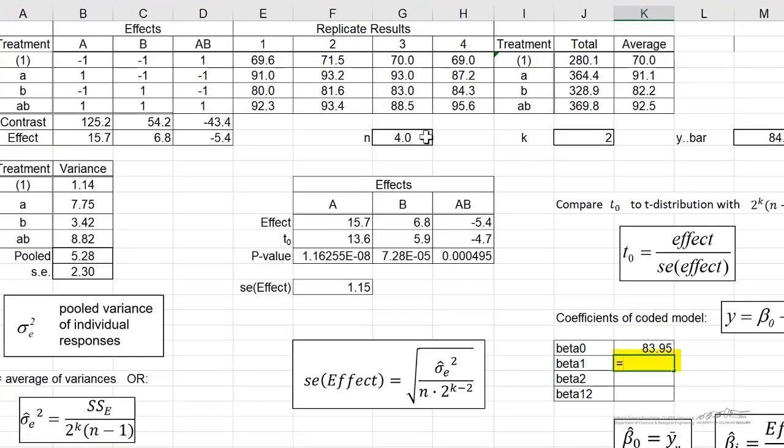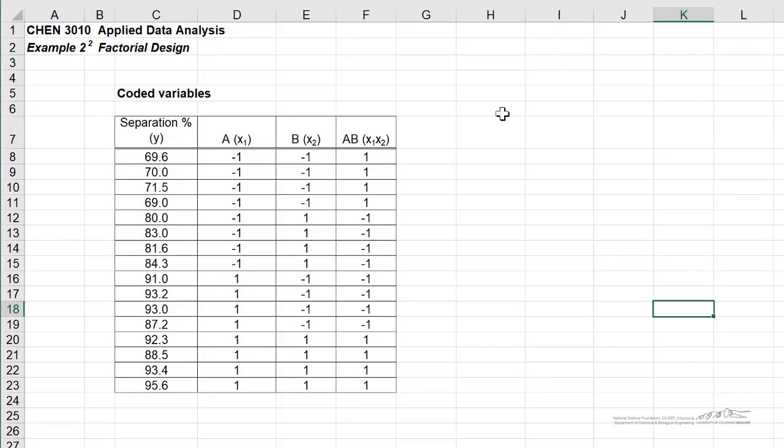Beta 1 is simply the effect of A divided by 2. Beta 2 is simply the effect of B divided by 2. And then beta 1,2, that's the coefficient of the interaction term, which is equal to our interaction effect divided by 2. And so that's how we can get the coefficients of the coded model.